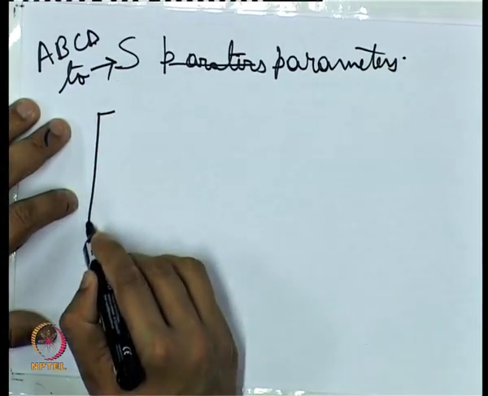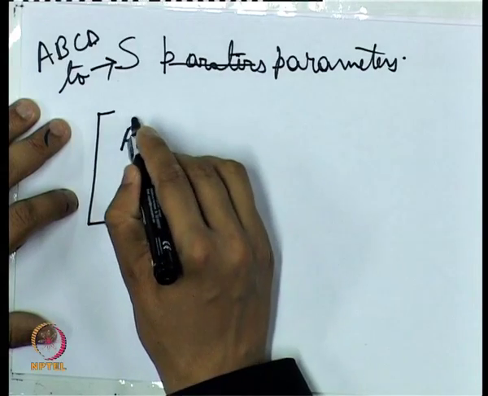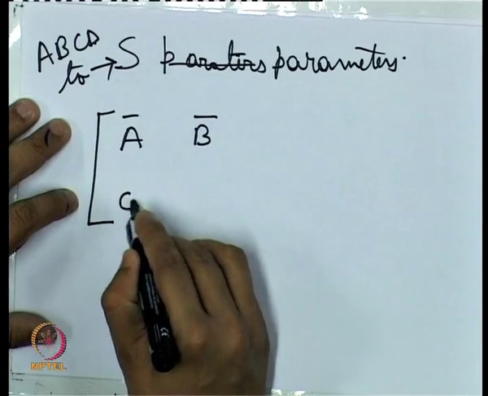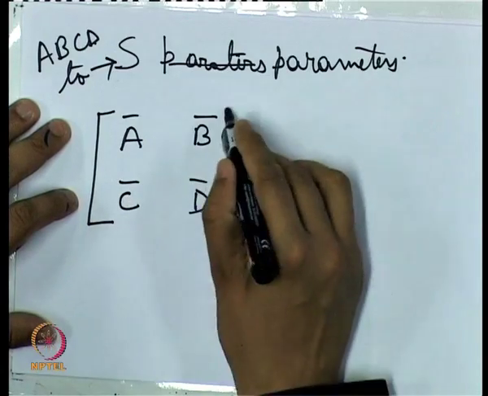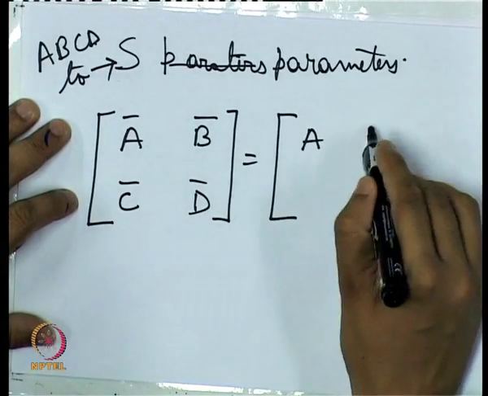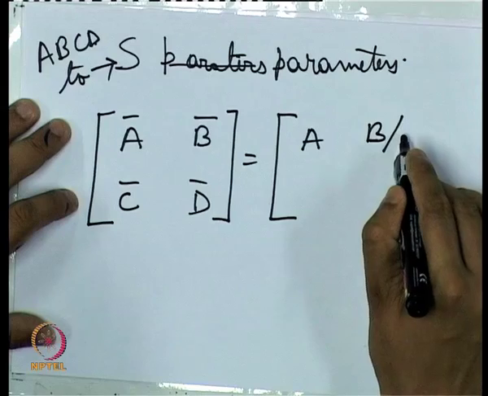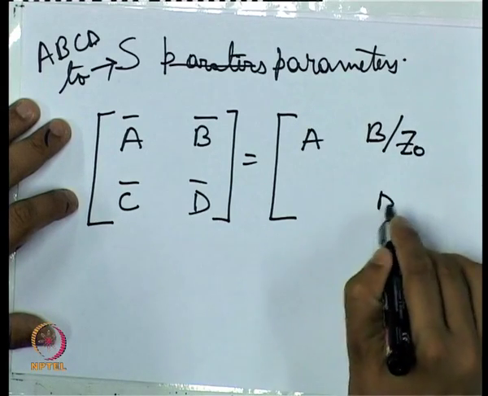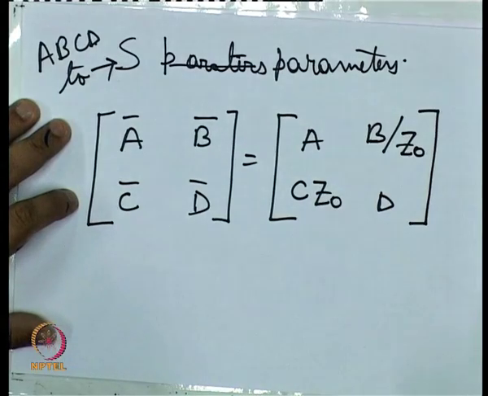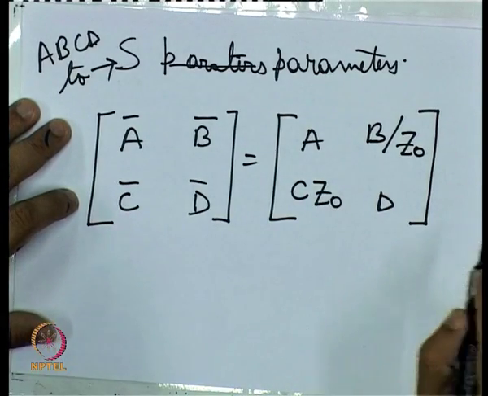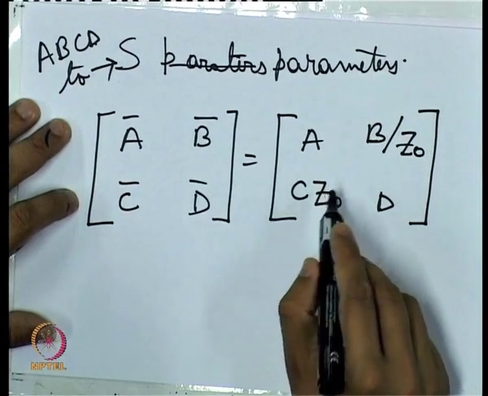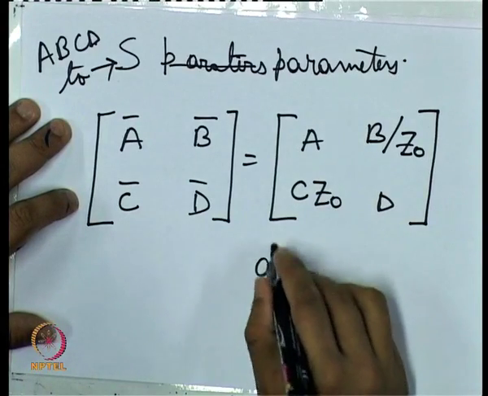First of all, if we have a transmission line, then we can define what are known as normalized ABCD parameters. So the normalized ABCD parameters are given like this. A and D remain the same, B and C are scaled by the characteristic impedance, and all of the normalized ABCD parameters are dimensionless.